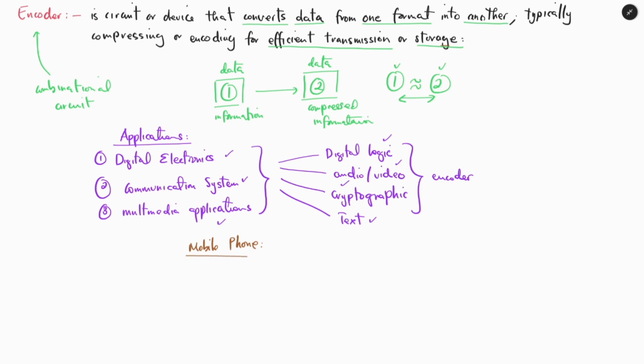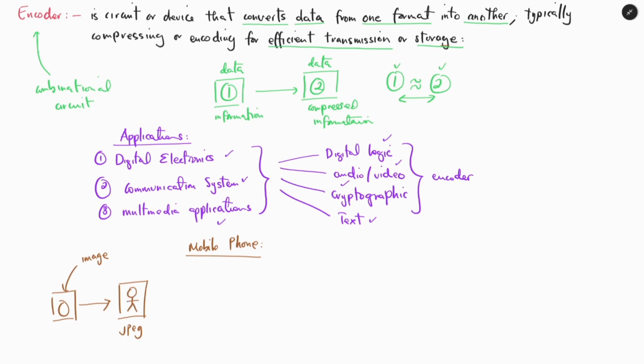All of you have a mobile phone, and we can specifically see where we can find the encoder and its purpose in the mobile phone. If you have a camera on your mobile phone, which normally takes an image, a picture, this picture can be in one format, for example JPEG.